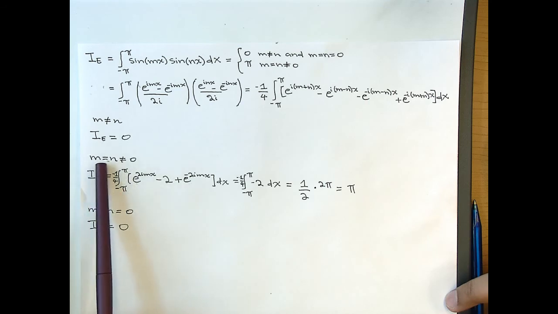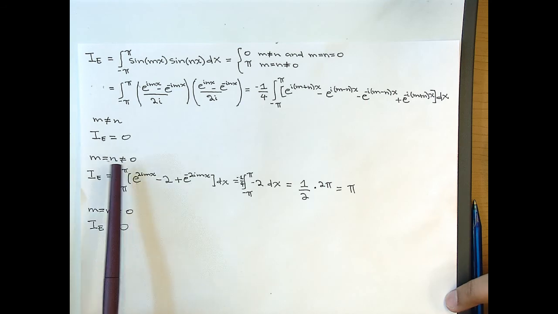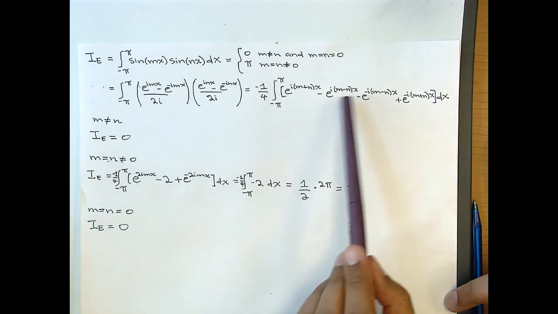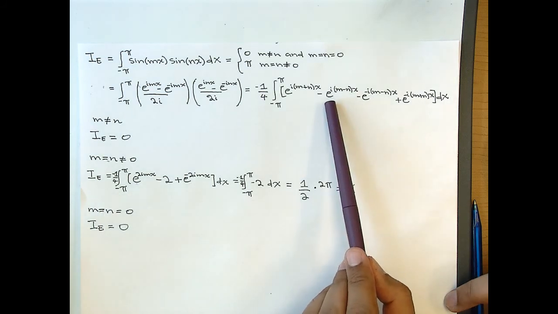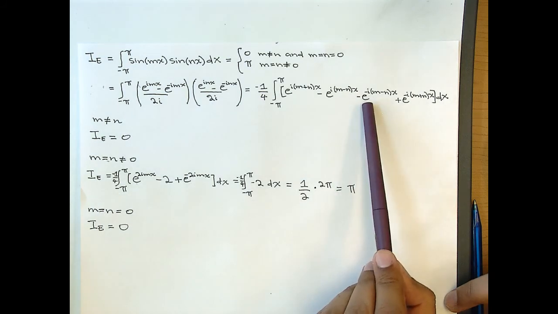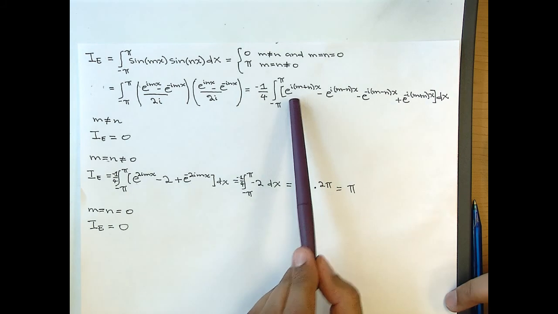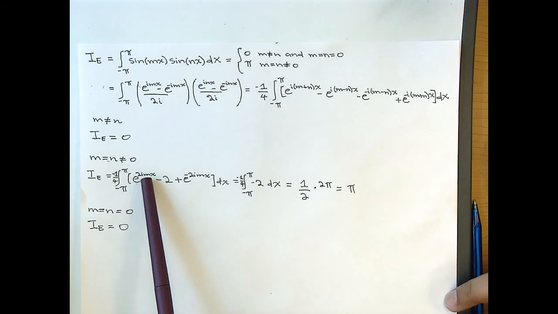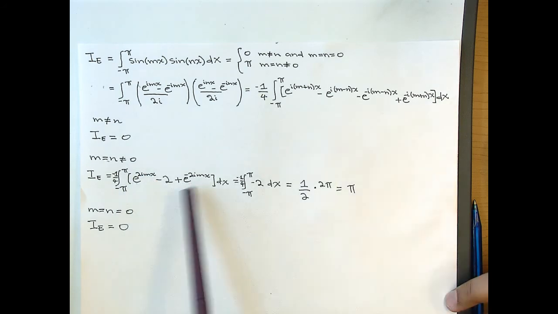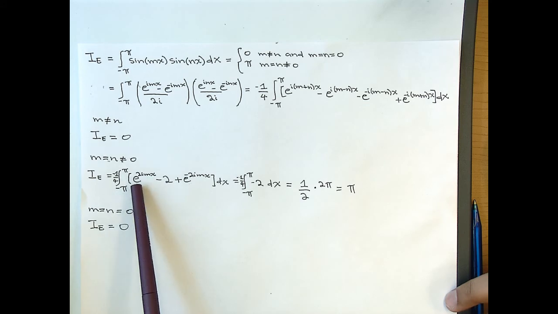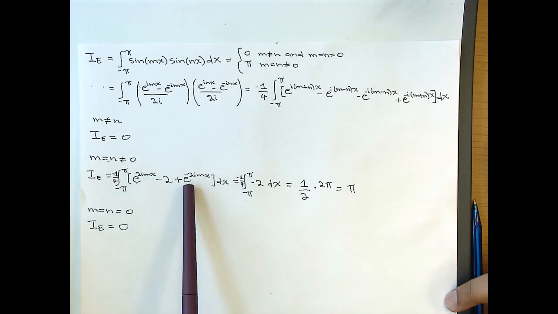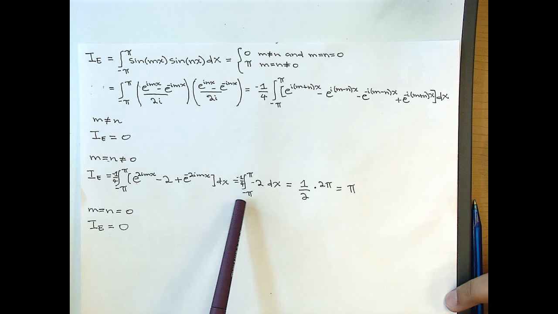For m equals n but not equal to 0, this will be minus 1 and this will be minus 1, so you will get a minus 2 here. The first term will become e to the 2i mx, and the last term will become e to the minus 2i mx. Once again, the integral of these terms from negative pi to pi goes to 0.